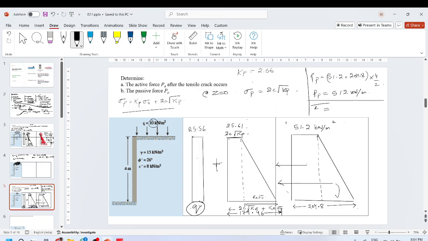You can take the moment at the base, moment of this rectangle at the base: 51.2 into 4 into 2 plus half of 179.46 by 3, divided by 500.